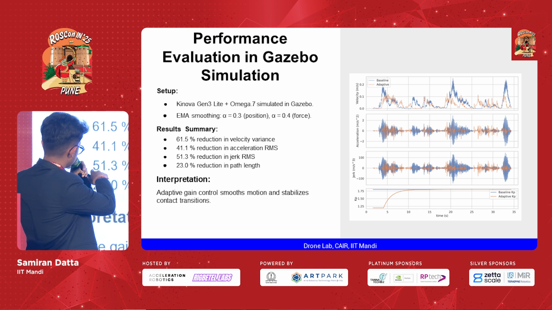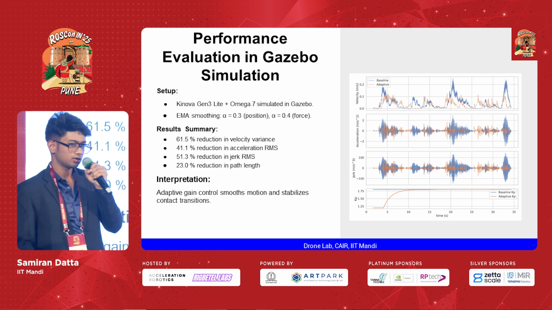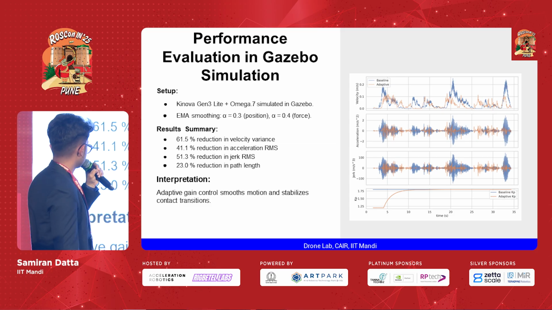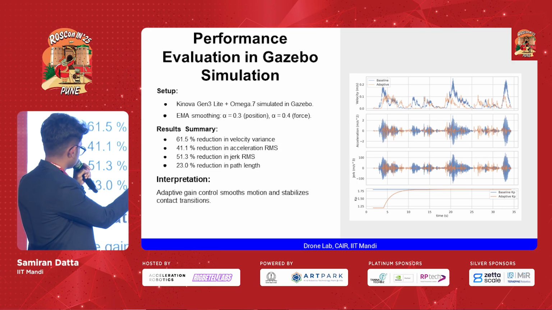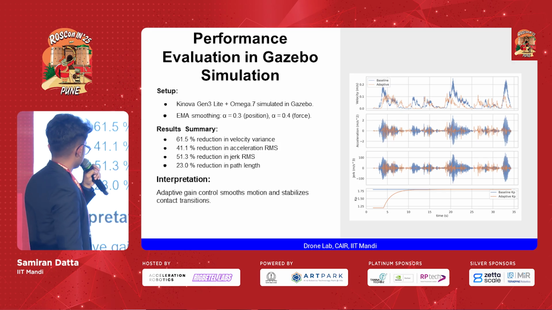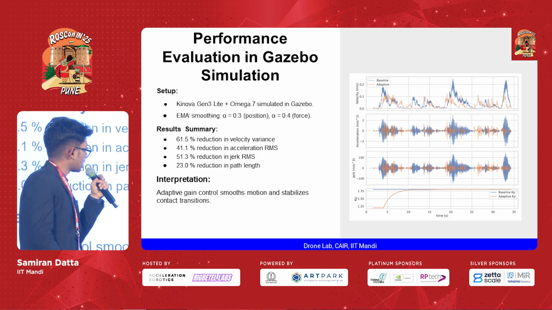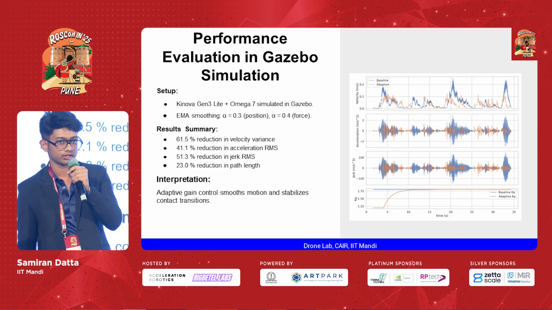And this parameter, which is 23% reduction in path length, is not an explicit parameter to judge, but it is based on these 3 parameters that have been recorded. So the interpretation, of course, is that our proposed system gives us a smoother and safer teleoperation.